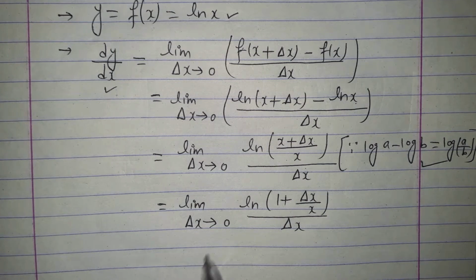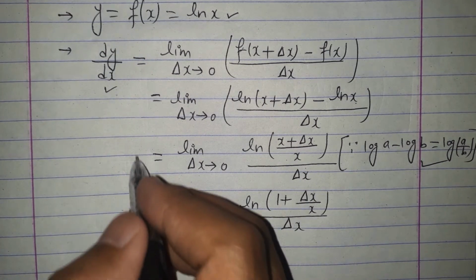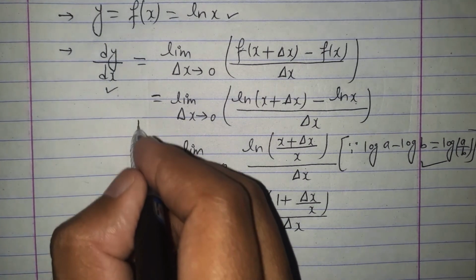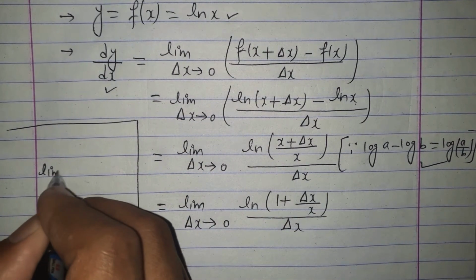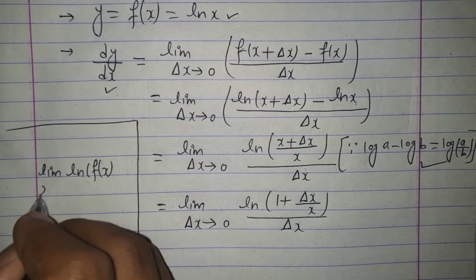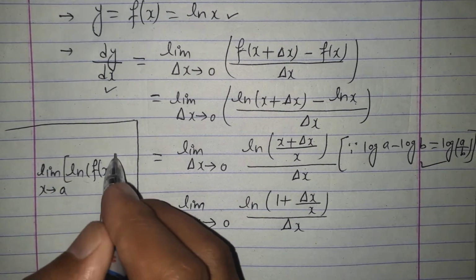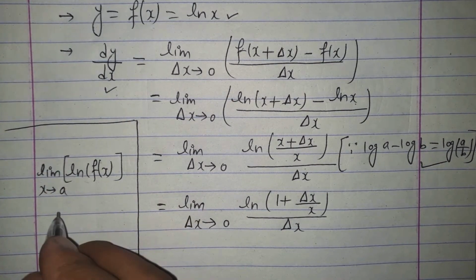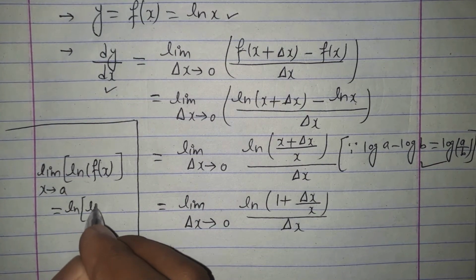And remember a very important property of the limit of a function, the limit of ln of f of x. Let me write here something about one very important property of the limit. Limit of ln of f of x when x approaches to a constant number a is the same as ln of the limit of that function.